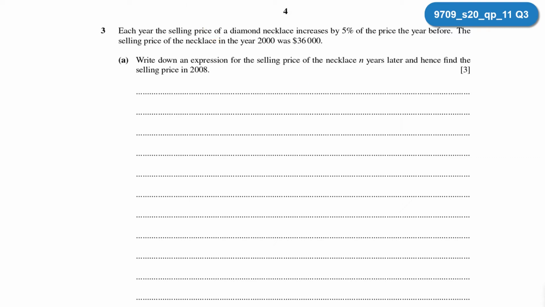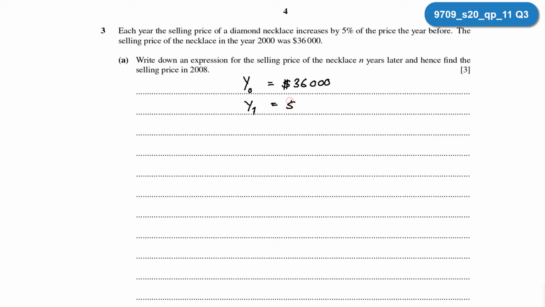From the information we have in the question, we are starting with the value for the necklace, which I want to call Y0, to be 36,000. After year 1, the value of the necklace would have increased by 5%.